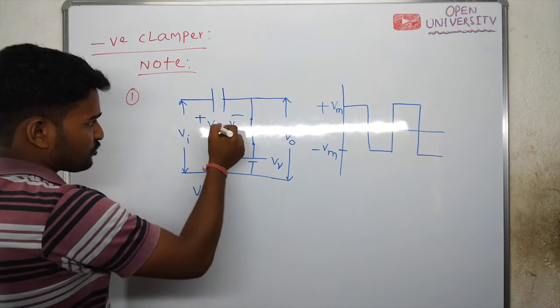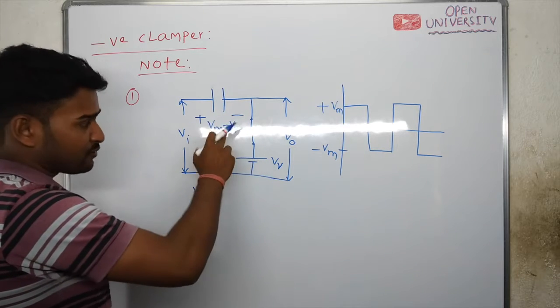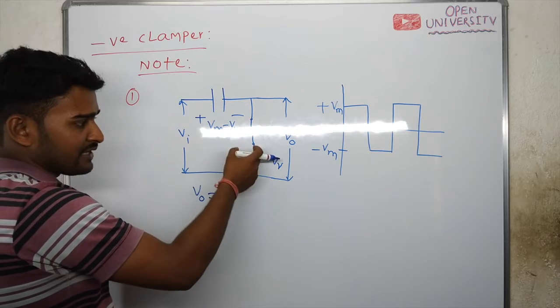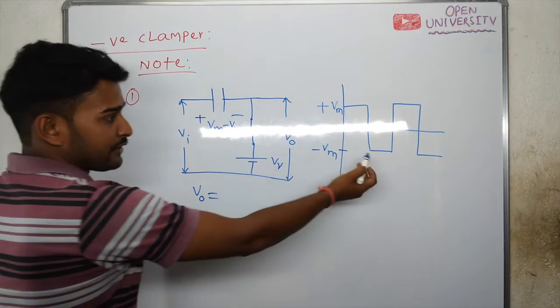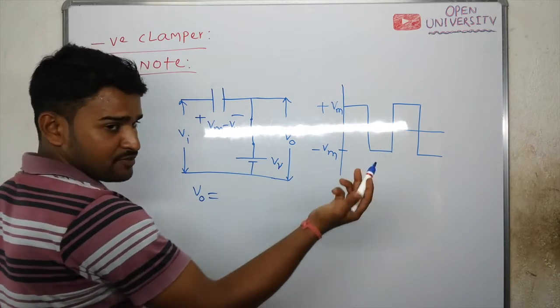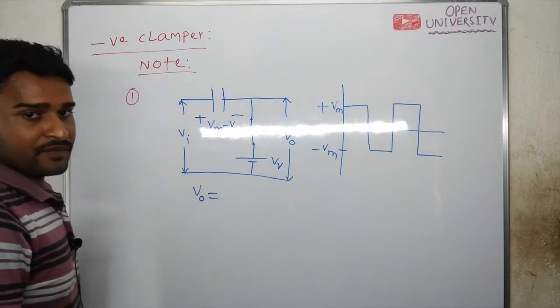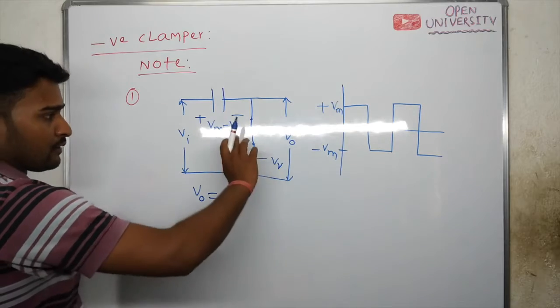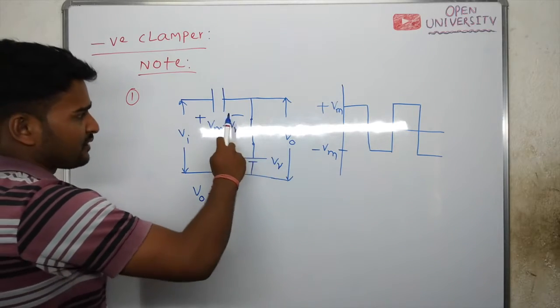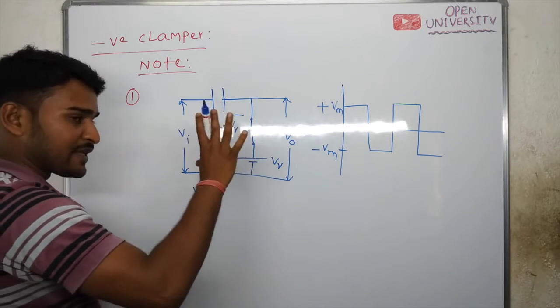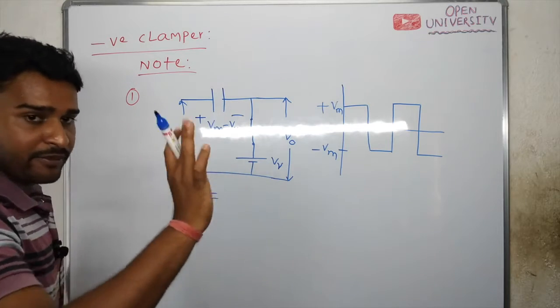So the capacitor voltage will be fixed. Once it charges up to its maximum value, since there is no discharge path available, this diode becomes open circuited when Vi becomes negative, and the capacitor voltage will be fixed at Vm minus V gamma forever.